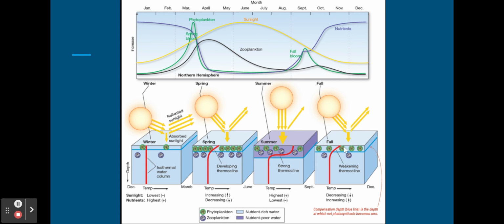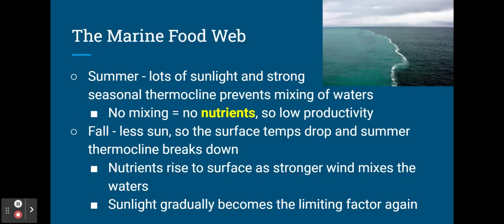And in the fall, we again see more productivity because there's sunlight and this thermocline is weakening, so more nutrients can get in until we get back to winter. Okay, so again, summer, lots of sunlight, but that strong thermocline prevents nutrients from getting up to that area. And then in the fall, because the thermocline is breaking down, we get more nutrients rising to the surface, but sun becomes a limiting factor again.